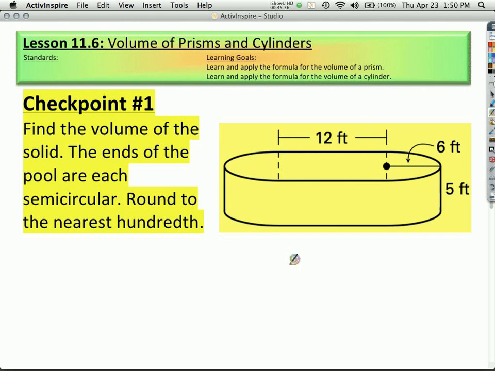Student number 4. 1,285. So the correct answer is approximately 1,285.49. Now, I will accept some variations on the answer because pi is involved in the calculation.